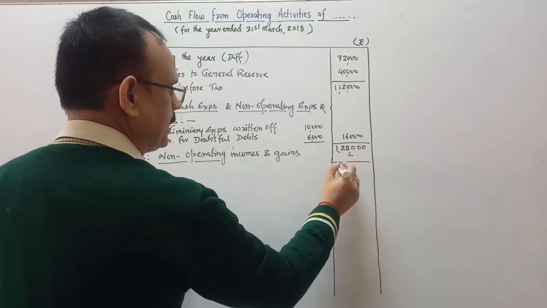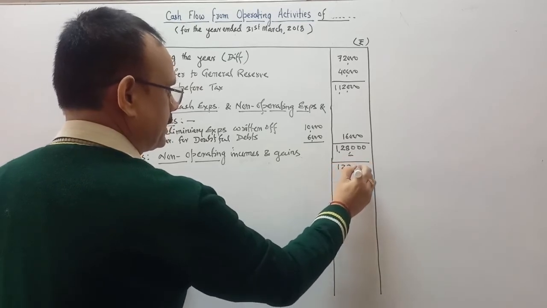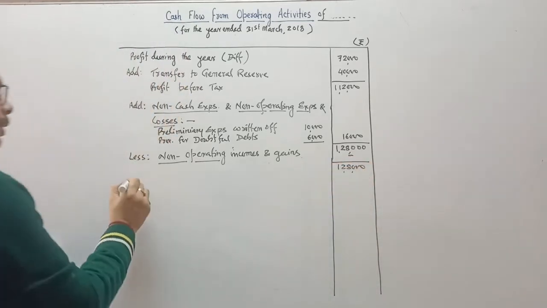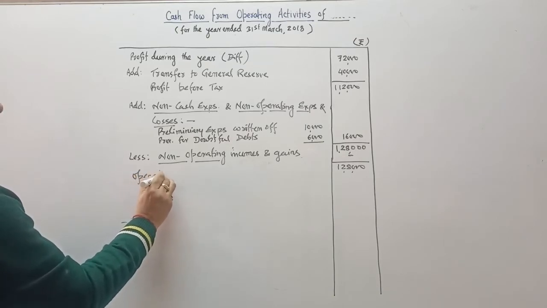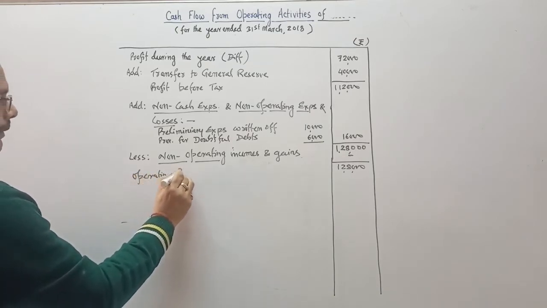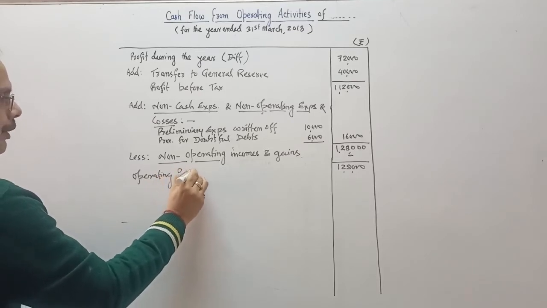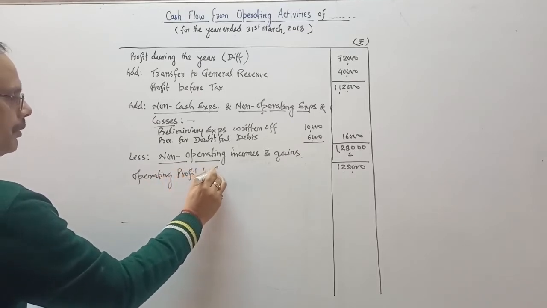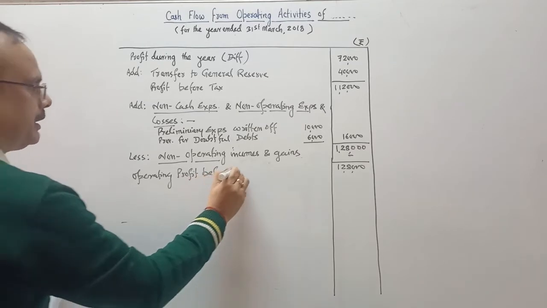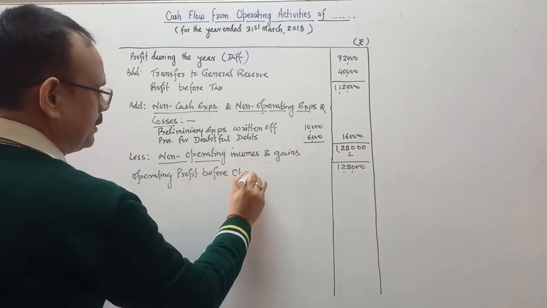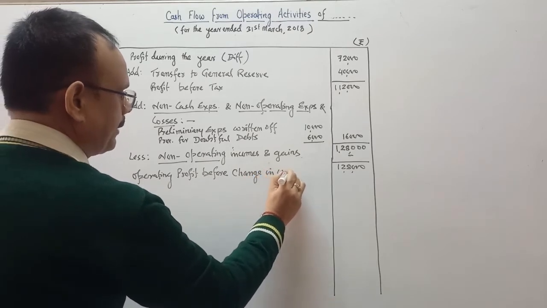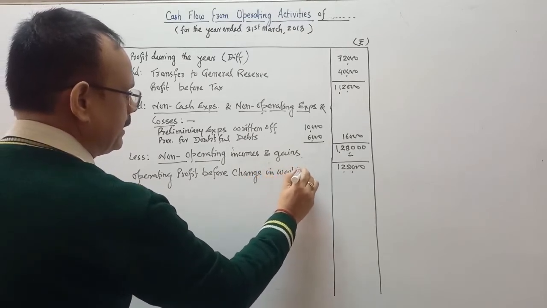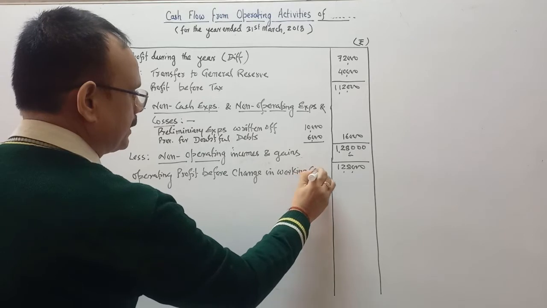So 1,28,000 is the operating profit before change in working capital.